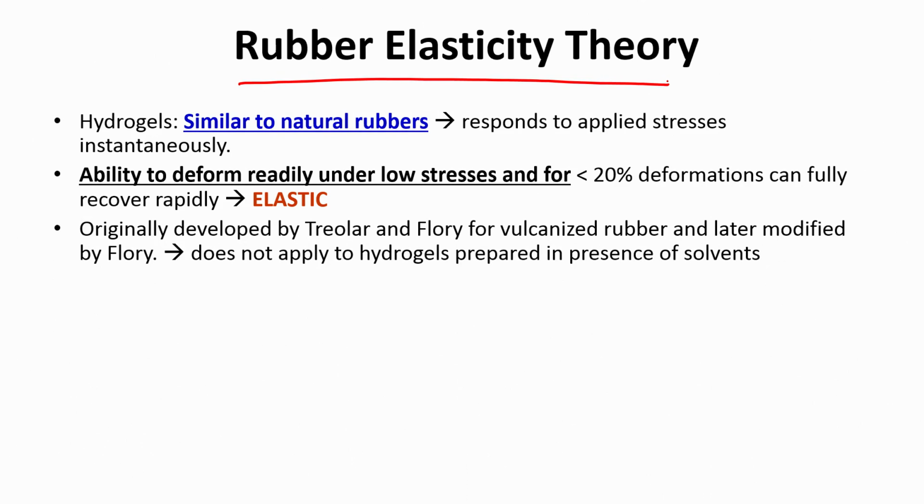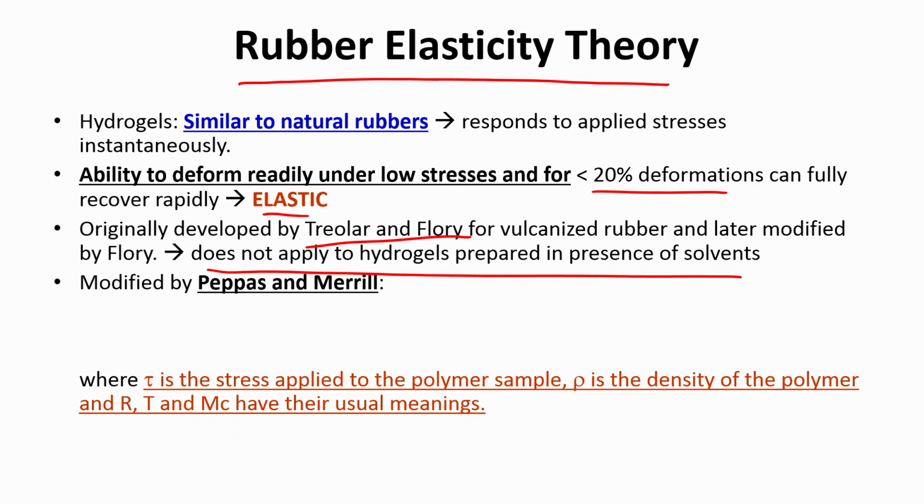We are saying that for deformations less than 20%, we can say these are elastic deformations. This was originally developed by Treloar and Flory for rubber, and was later modified by Flory to reflect it for hydrogels. As I said, that theory was developed initially for the change in the absence of solvents, and then it was further modified by Peppas and Merrill.